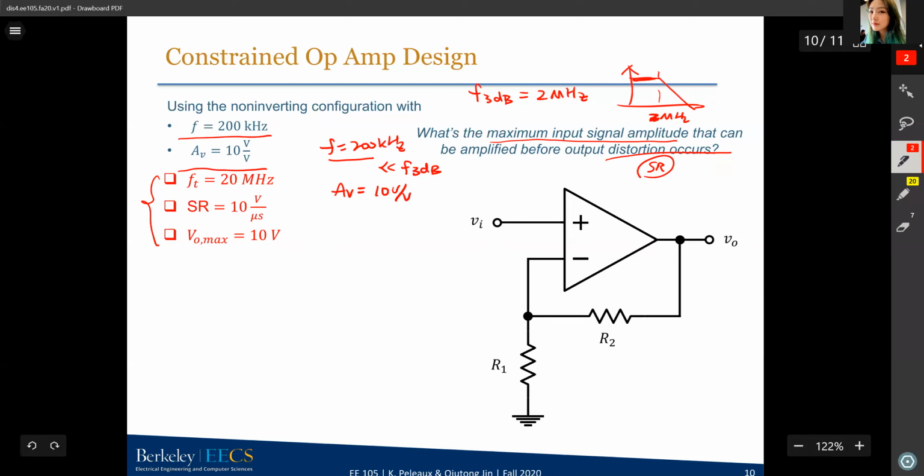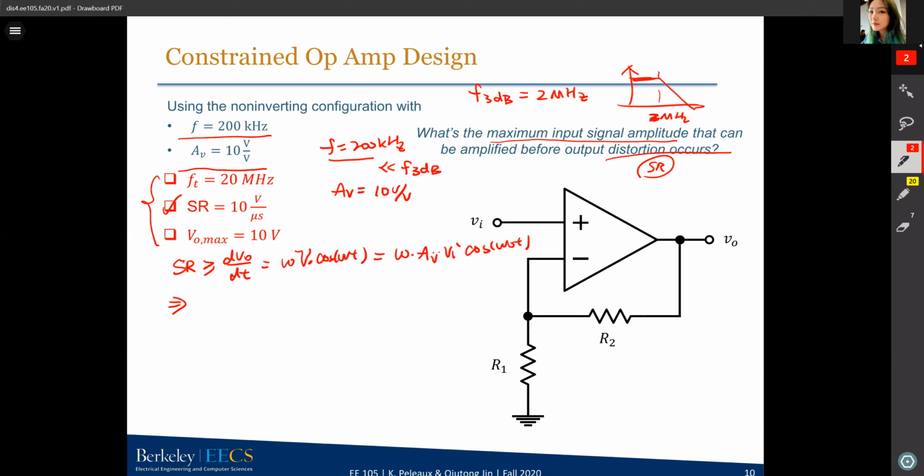To find the maximum signal amplitude, we care about the slew rate. We have the same equation: dV naught over dt equals omega times V naught cosine omega t. So the maximum is omega times A_V times V_I.